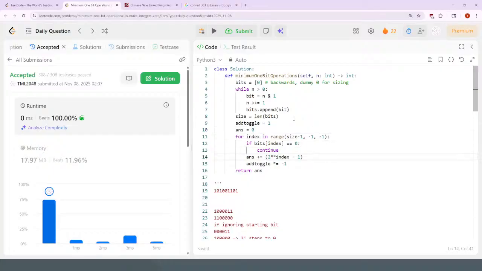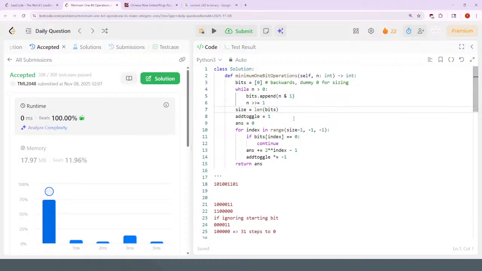That's fine, that's fine. Don't need parentheses. Add toggles. Guess I can just say bits append and bitwise and with 1. And shifts.